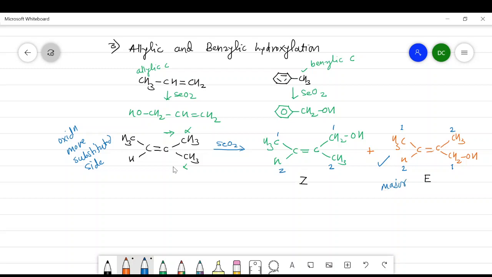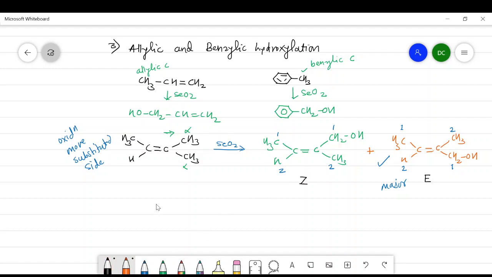So from this compound we can conclude that the oxidation occurs at the more substituted site and it gives the E isomer as the major product, and Z as a minor product. In this way, two characteristics we have clarified here.